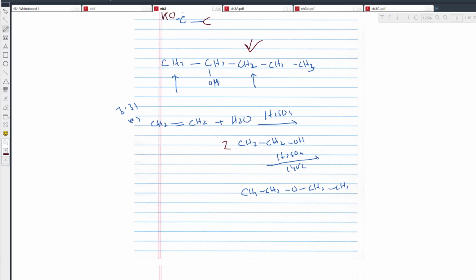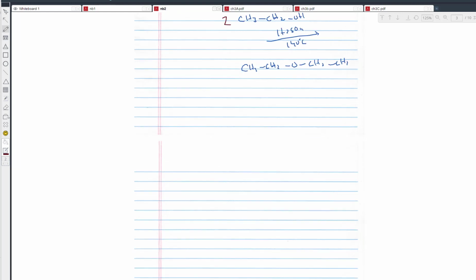Next is B. Pentene, and you want pentanone. You know that we did the preparation of ketone, aldehyde, carboxylic acid through alcohols.